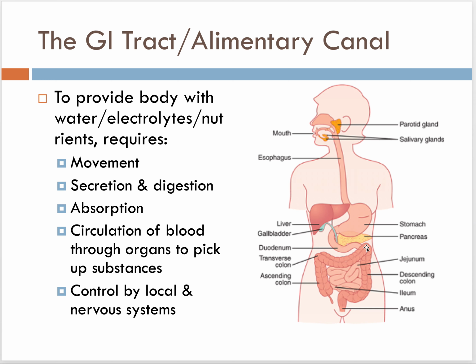So we have movement, we have different secretory products, we have digestive products, there's absorption, we have to have a readily available blood supply in these different organs so that they can receive the products of digestion. They go into the bloodstream. And most of this is just under the control of local systems, the gut-brain system or the enteric nervous system, and then with the overriding ability of the parasympathetic or sympathetic systems to increase or decrease the general tonic activity.